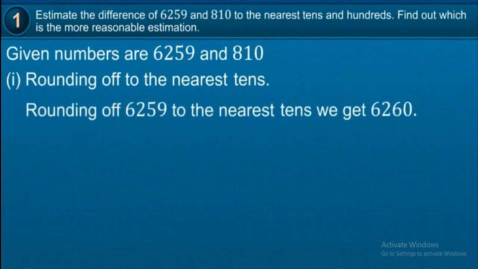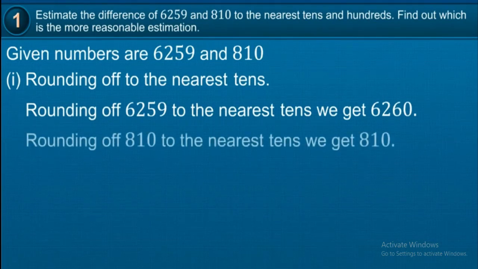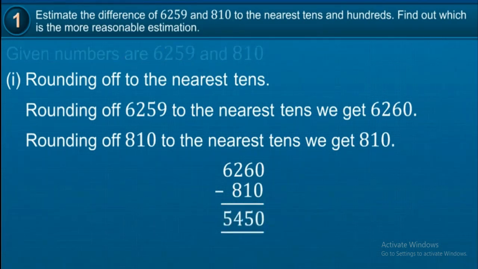Rounding off 6,259 to the nearest tens, we get 6,260, as it is closer to 6,260. Rounding off 810 to the nearest tens, we get 810. Therefore, we need to find the difference between 6,260 and 810, which is 5,450.